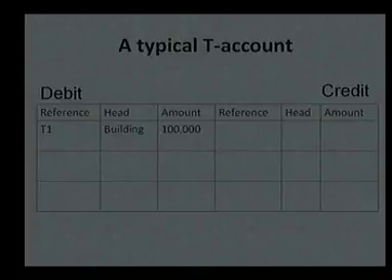So, this is just a case of a typical T account in which I have given you a building T account, in which since there is an increase in asset by an amount of 100,000, it is being written under debit side. Had it been decrease in asset, I would have written it under credit side.